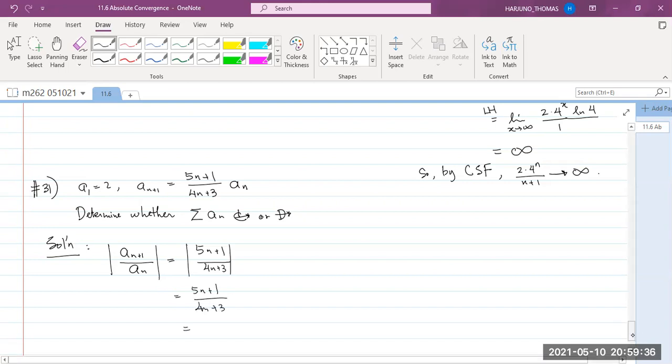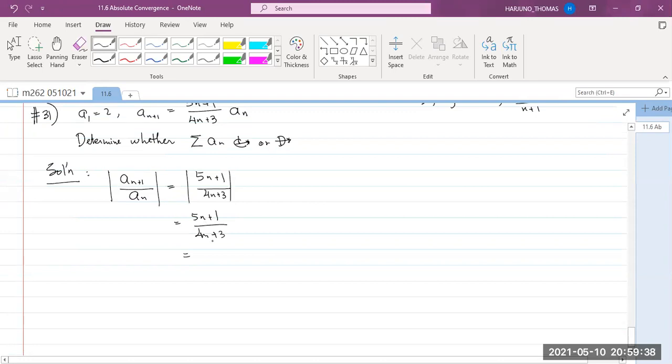Divide the top and the bottom by n. Which converges to 5 over 4, which is strictly greater than 1. Right? So the series is divergent by the ratio test.